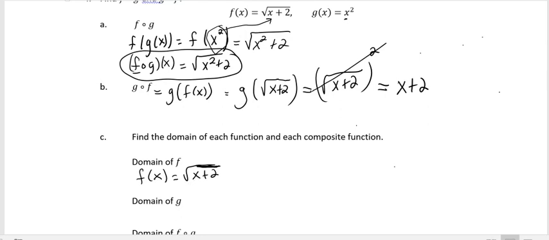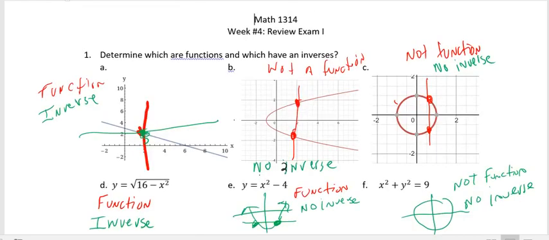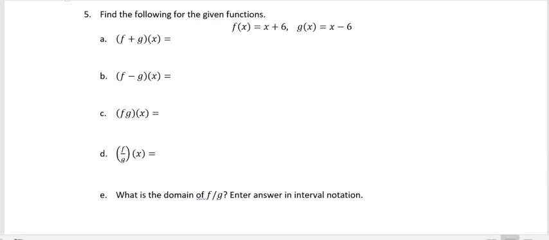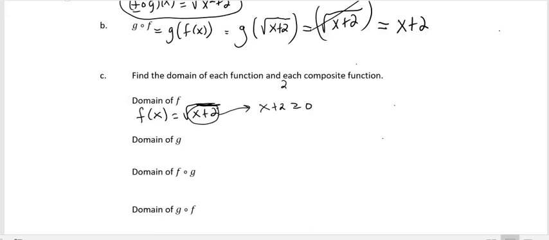So the way to find it is we take the radicand, which is whatever's inside, and we set it greater than or equal to 0, okay? And then we solve for x. So x is greater than or equal to negative 2. At that point, that's where you begin your domain.